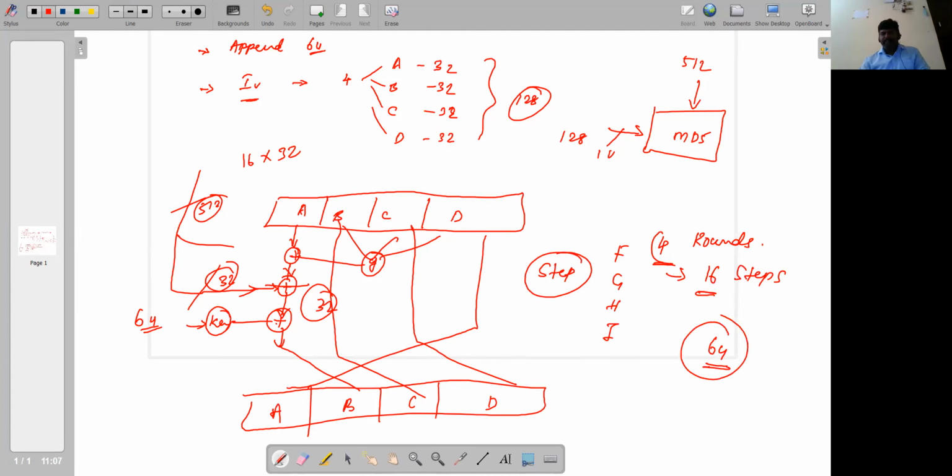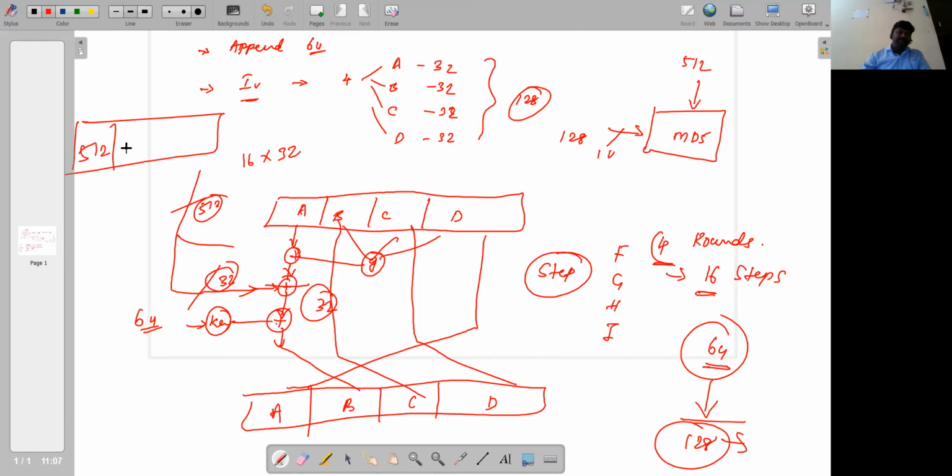The output at the end of the 64 steps is 128 bits: all the values stored in the ABCD registers, which form the 128-bit intermediate hash code value for the first 512-bit block. This process has to be repeated for as many 512-bit blocks as we have. After processing all the blocks, the output we get is 128 bits, and that will be our hash code value.